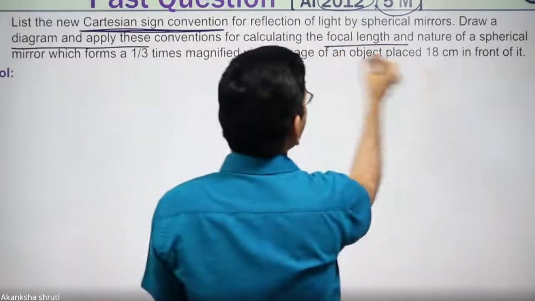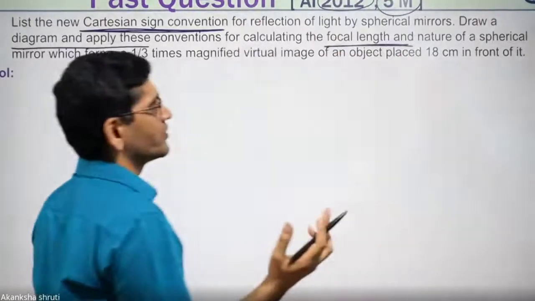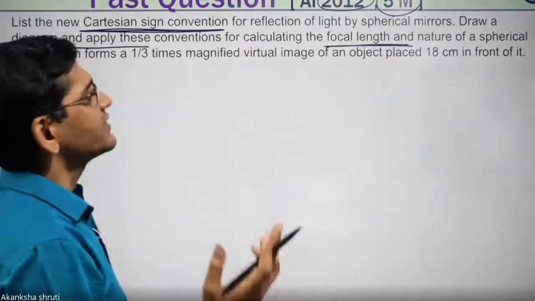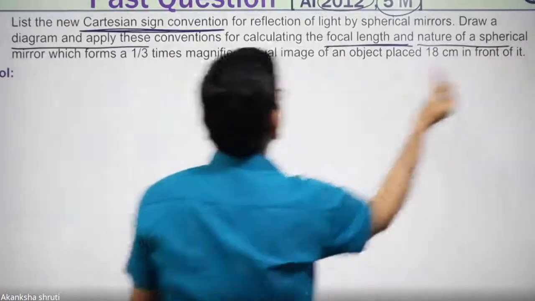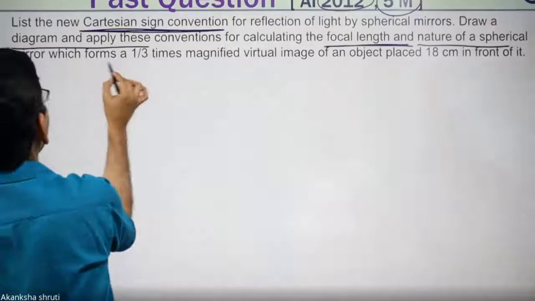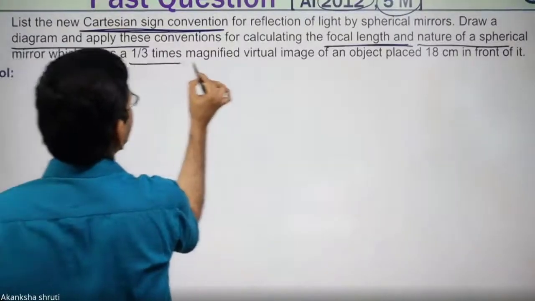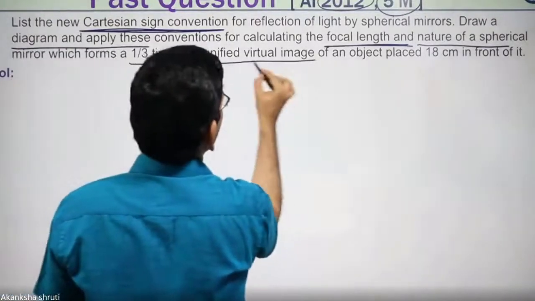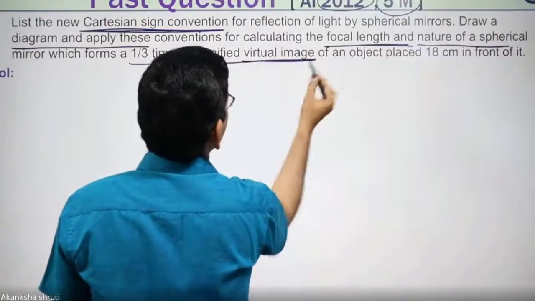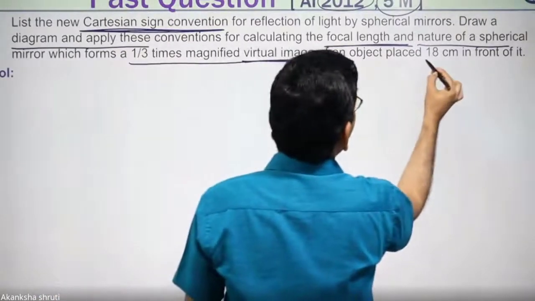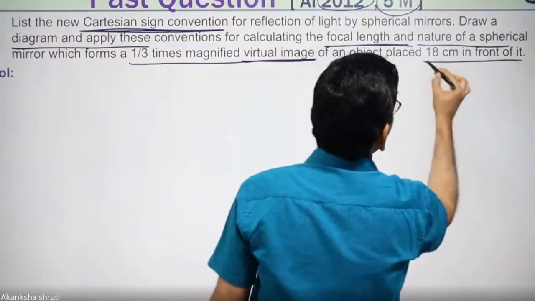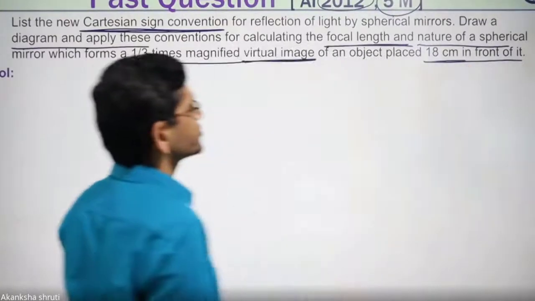Then calculation of focal length you have to do, that will carry another 2 marks. And the nature of this spherical mirror, which forms a 1/3 times magnified virtual image. Very important is this. Virtual image of an object placed 18 centimeter in front of it.